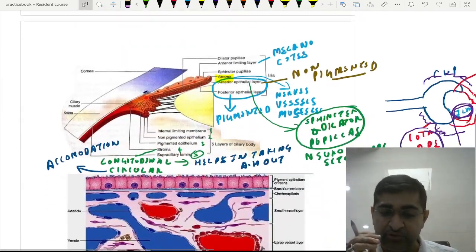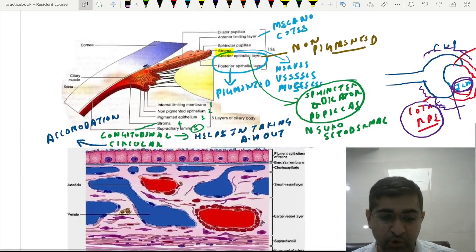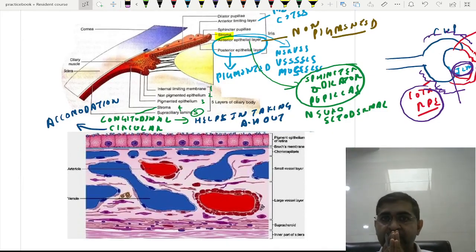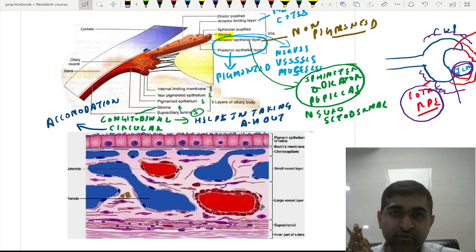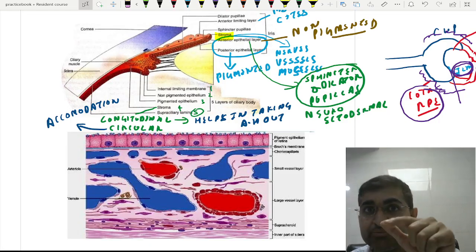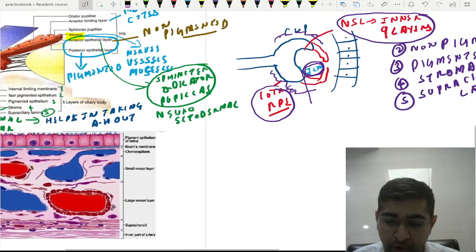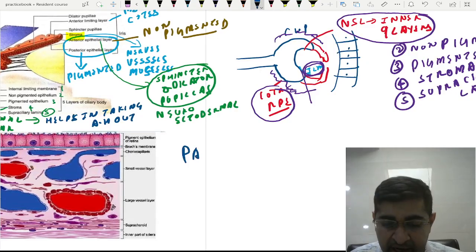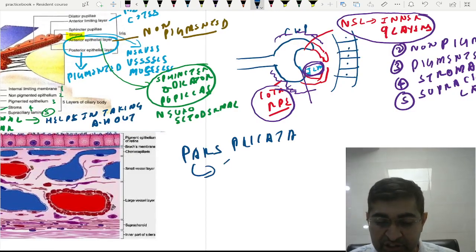Okay, so we have done the layers of the iris, we have done the layers of the ciliary body. Now since we are talking of uvea, we have got iris, ciliary body, and choroid. I also told you that the ciliary body is divided into pars plicata and pars plana. Here I am writing, pars plicata of ciliary body consists of plications.